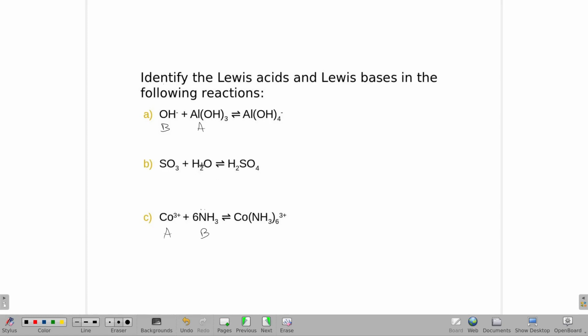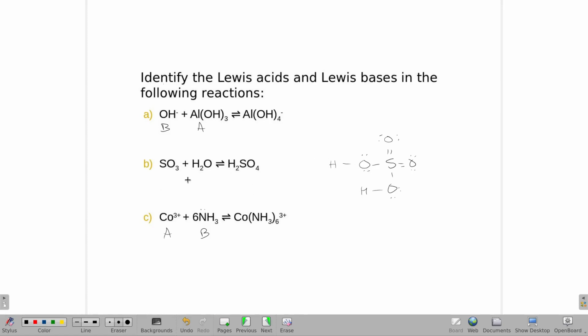Now, this one here is an interesting one. It's on how we actually see what's going on. Because SO4, when we do a Lewis structure, ends up looking like so. And if I add H's to it, put an H here and here, and then I'm going to put a bunch of lone pairs. Now, I drew it like this on purpose. I wanted you to see where this OH, or the H2O, could come from and attack the SO3.